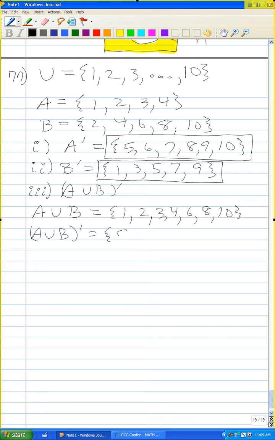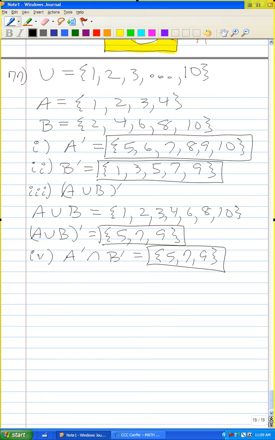So 5, 7, 9. 4. Let's find the intersection between the complement of A and the complement of B. And so we already calculated that in the first two of these. And so, what's in the intersection? Well, there's a 5, there's a 7, and a 9. And that's your answer.